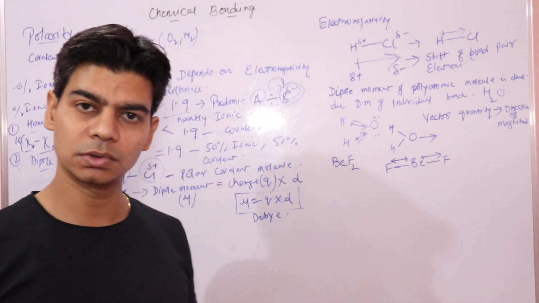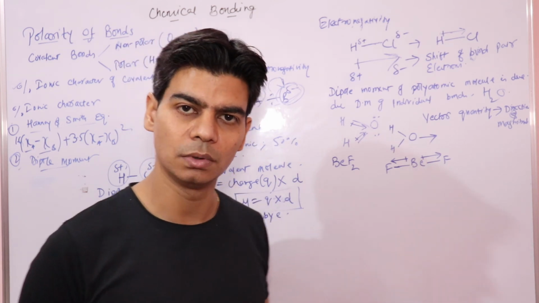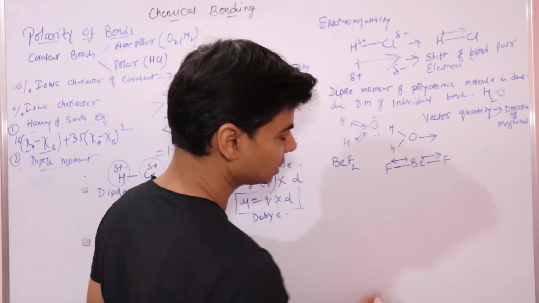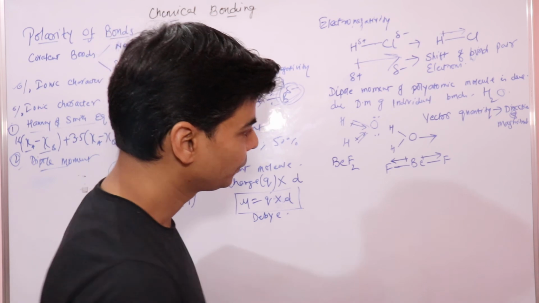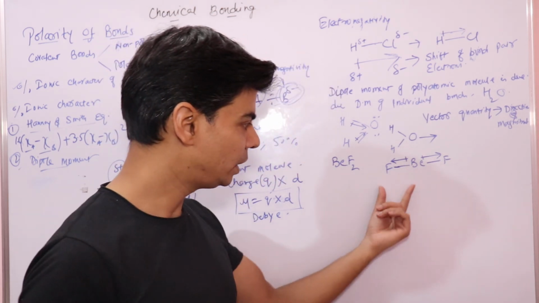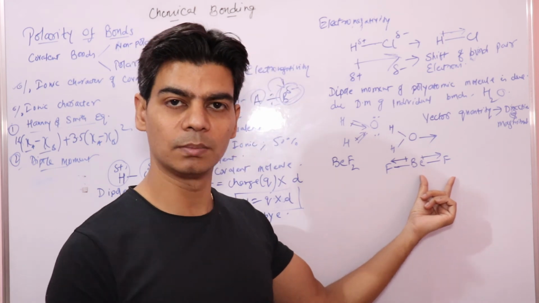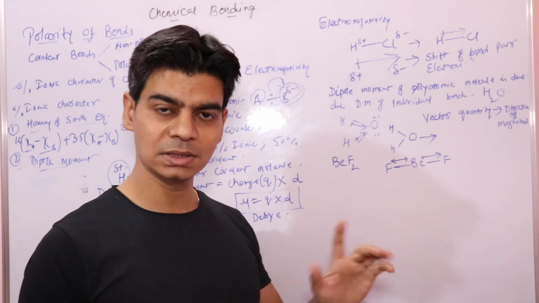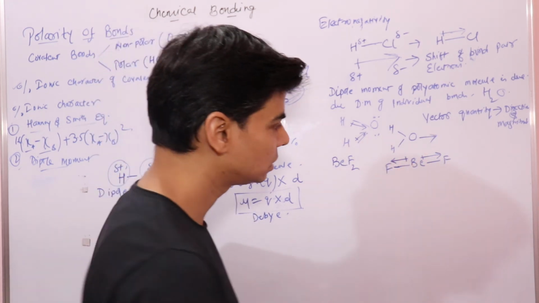So dipole moment also depends on how bonds are arranged in space and the symmetry of the molecule. This molecule is symmetric, so the dipole moment due to one bond cancels the dipole moment due to the other bond. So the dipole moment of this molecule is 0.